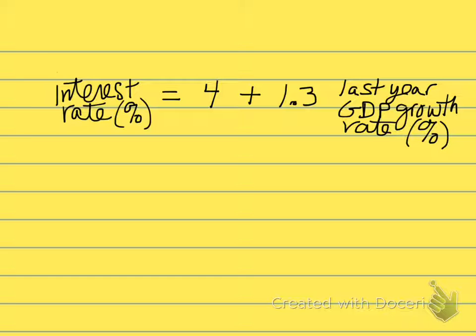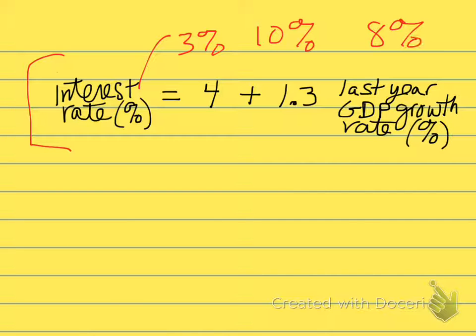Suppose we had a regression equation where we were talking about countries, and we had their interest rates set by their central bank, and interest rates are usually expressed as a percent: 3%, 10%, 8%. Those would just be the numbers 3, 10, and 8 in our data set.